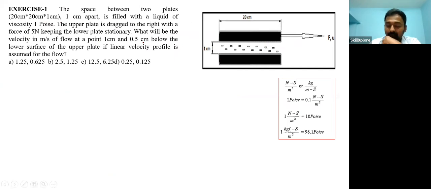Before going to solve the problem, I have to tell you one thing. We don't need the steps. We don't need to derive everything. Just use the formulas in the topic which are given here, and using those formulations solve the problem.